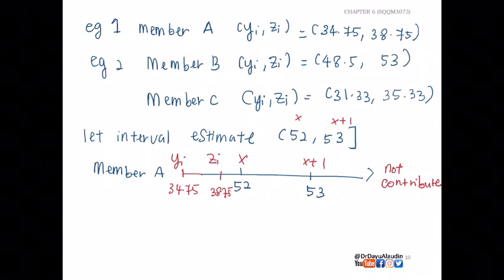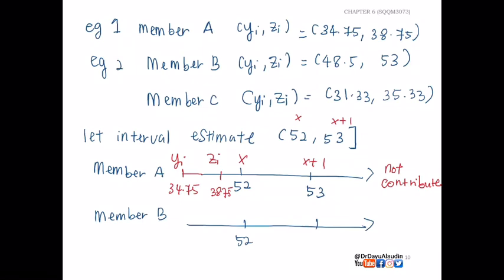So we still use the same interval estimate. Say we try to find member B. We want to determine whether it contributes or not. So still the same interval estimate. However, yi is 48.5 and zi is 53.